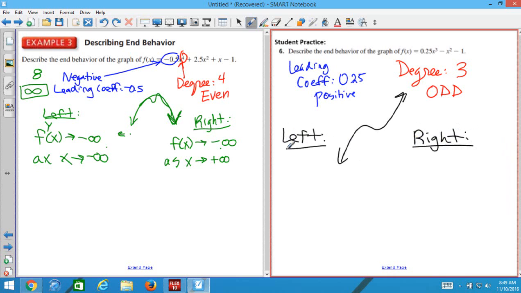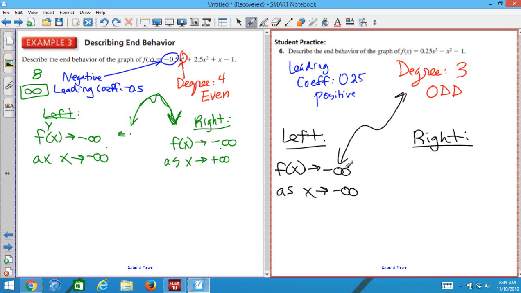So on the left side, we always write f of x, which is the y values, approach something as x approaches negative infinity. As x approaches negative infinity is telling me we're going to the left. So what are the y values doing when we go to the left? So they're going to negative infinity.